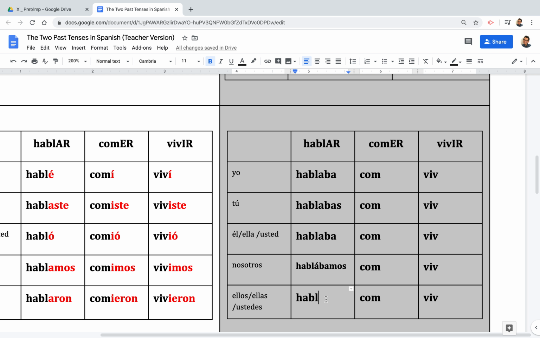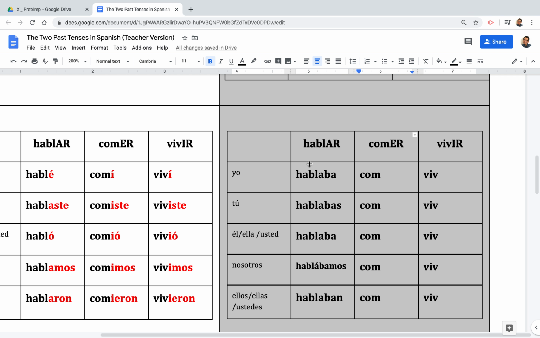Ellos, ellas, ustedes hablaban. So I've conjugated hablar in the imperfect tense, and this is the result of that. So I've changed the verb to speak in order to match the person who is doing the action in the descriptive past tense. Now, let's look at comer, which is an ER verb because it ends in ER.